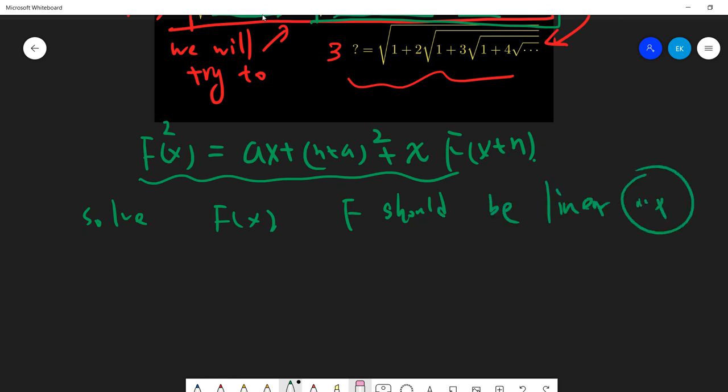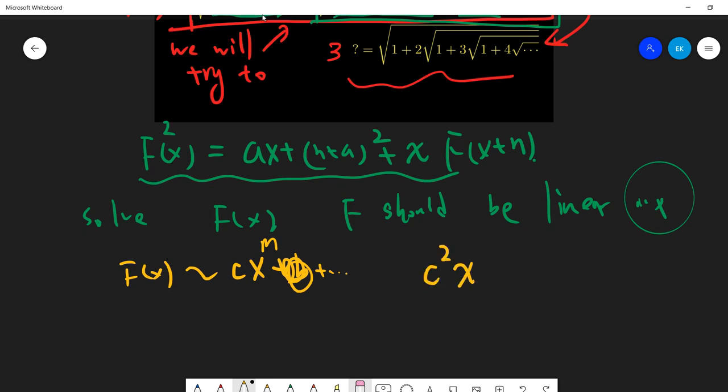The reason is that if f is linear, then the left hand side will be quadratic, and this guy will be x times a linear part, so this will also be quadratic. So the proof should look like this: if f of x is cx plus b, then the highest term for the left hand side is c squared x^2m, and the right hand side is x times cx^m, so x times cx^m plus 1.